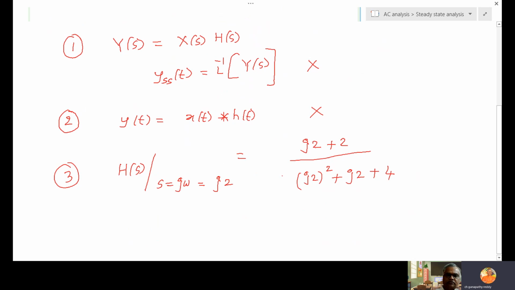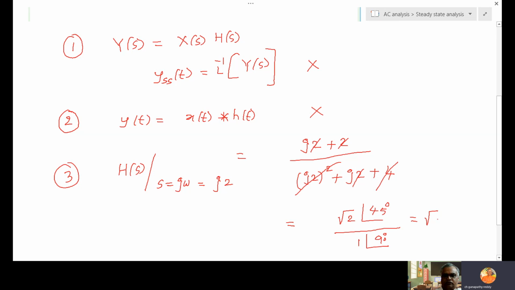j2 squared is how much? Minus 4. This minus 4 plus 4 cancels. The 2, 2, 2 also cancel. The numerator is 1 plus j. 1 plus j is what? Root 2 angle 45 degrees, divided by the denominator, only j, which is 1 angle 90.